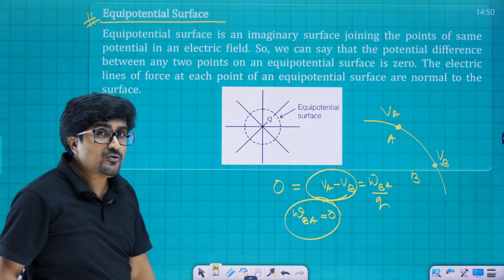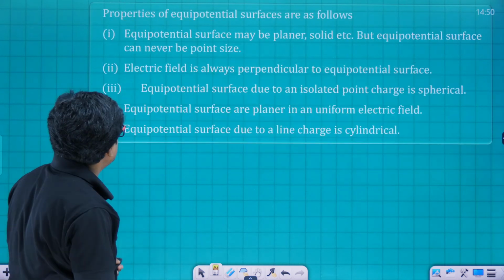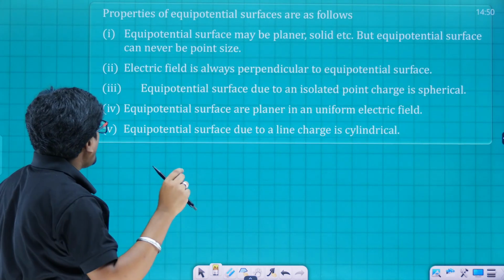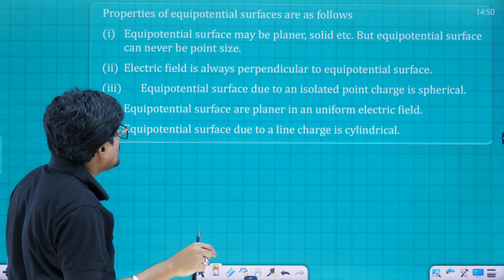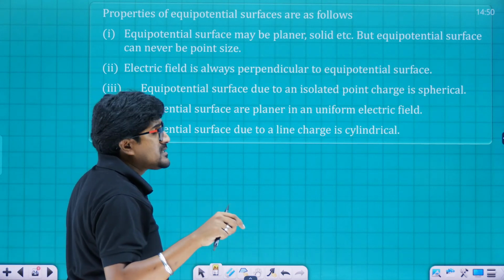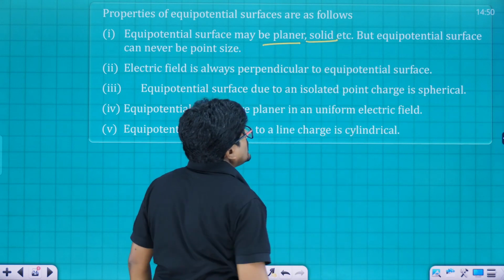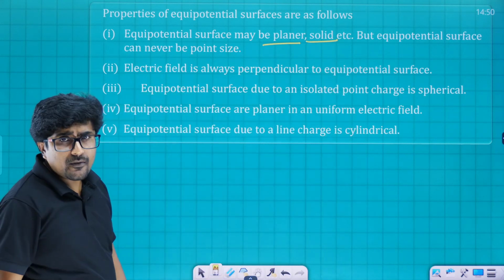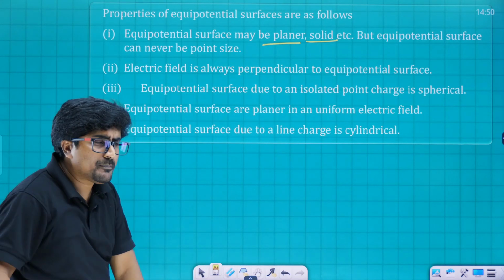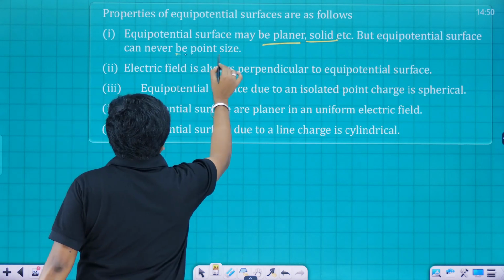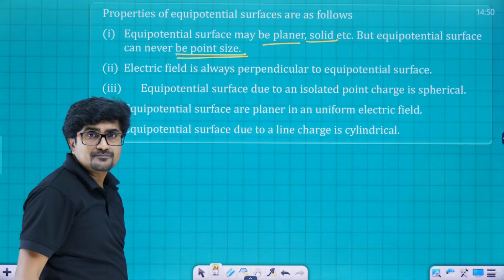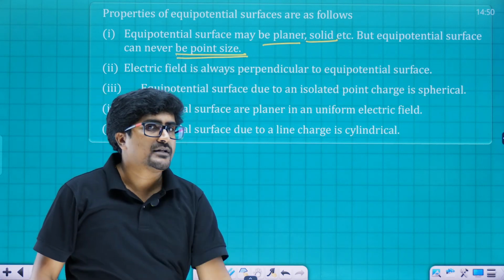More than that, we still have points related to equipotential surface, and here comes the remaining point number 1. An equipotential surface could be a planar surface or it could be a solid surface, but the most important part is it can never be of a point size.